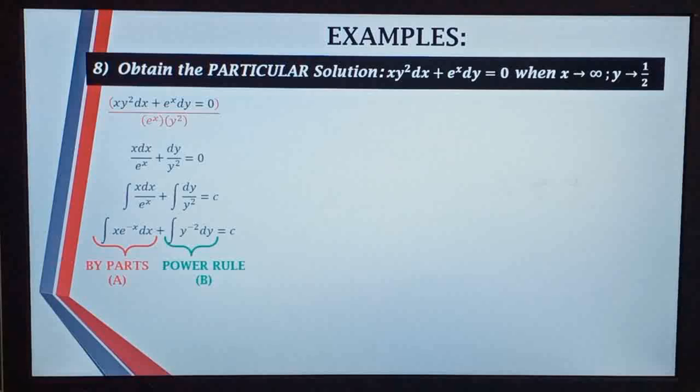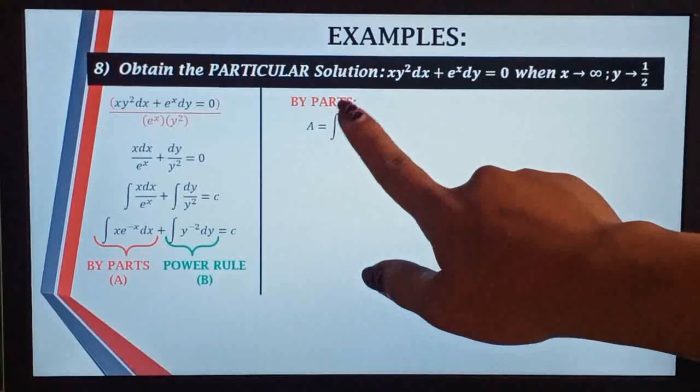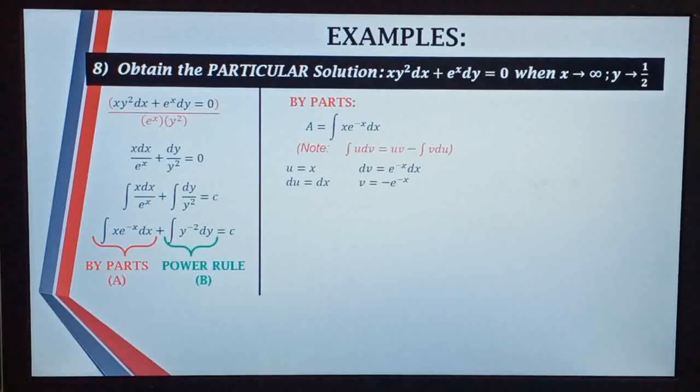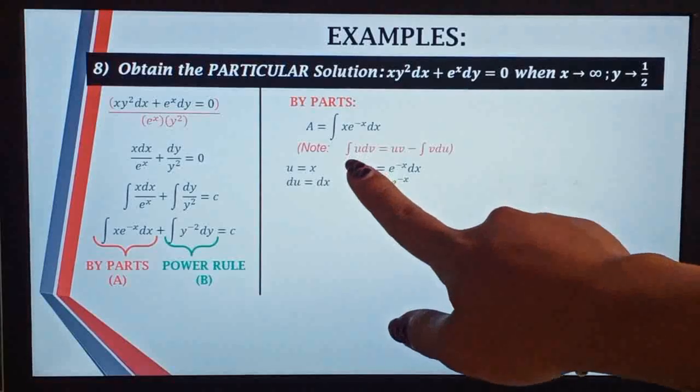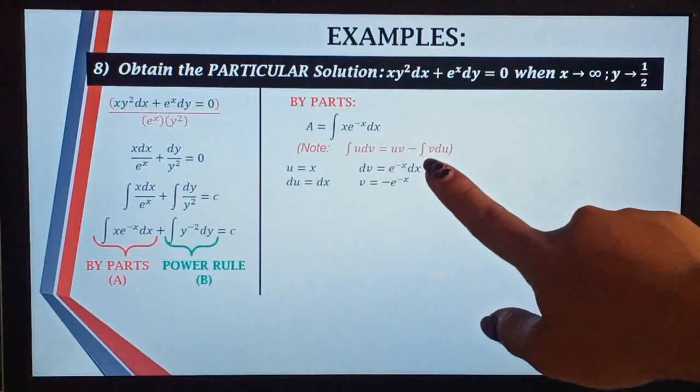So, unahin natin ngayon si part A, which is the by parts. We have A equals the integral of x e raised to negative x dx. You have to note that the formula of the by parts is the integral of u dv is equal to uv minus the integral of v du.